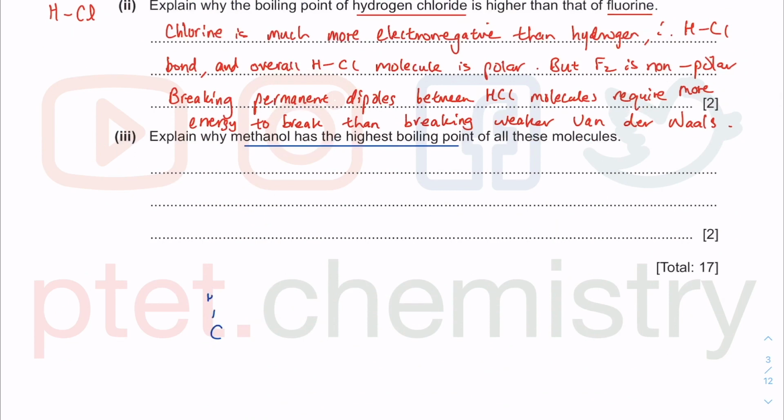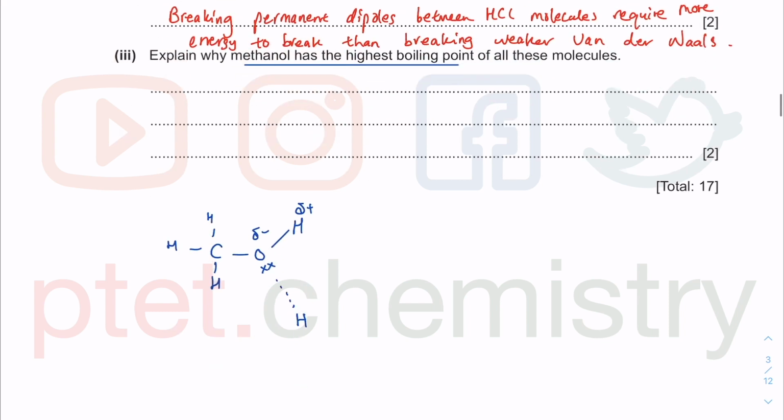I know the question didn't ask for it here, but when the time comes, there might be a time when they will ask you to draw and show the hydrogen bond between the molecules, or use a diagram to explain why the methanol has the highest boiling point. And of course, we label dipoles. We have to label delta plus and delta minus, and we have to have 2 different molecules. We're talking about boiling point, so both of them must be the same molecule.